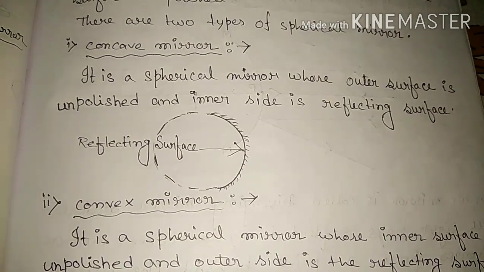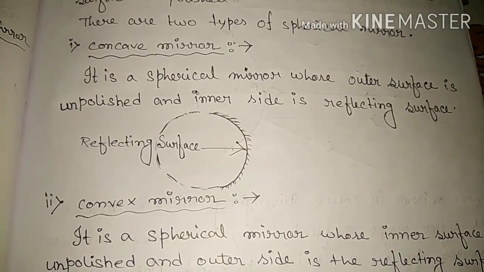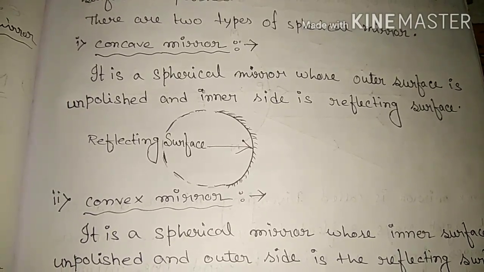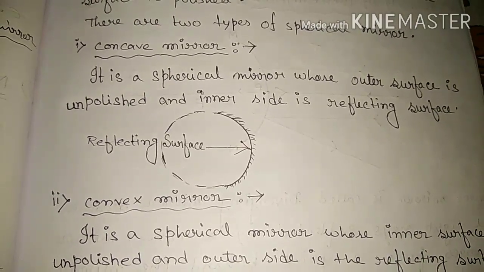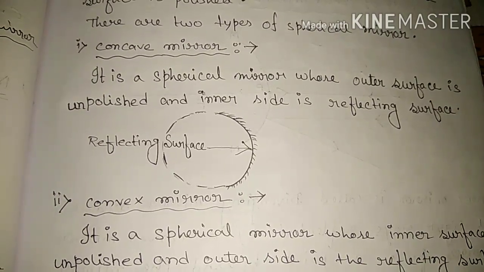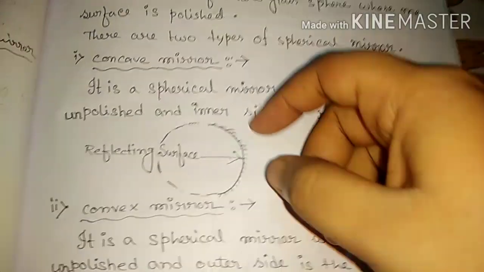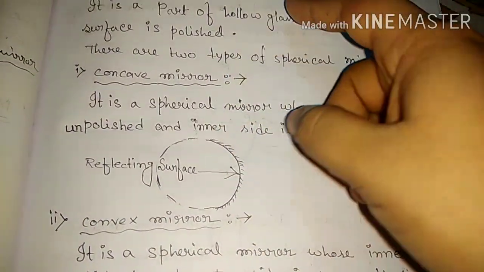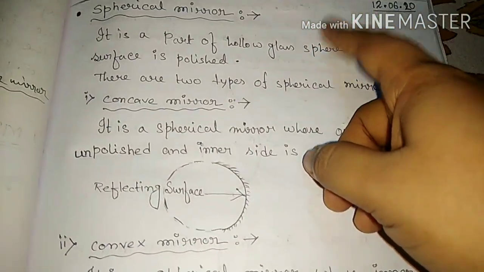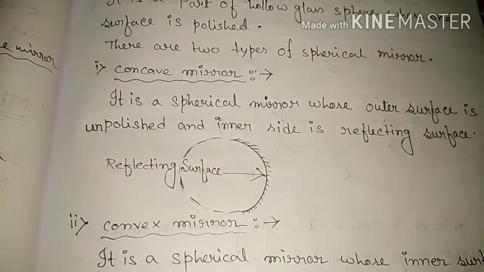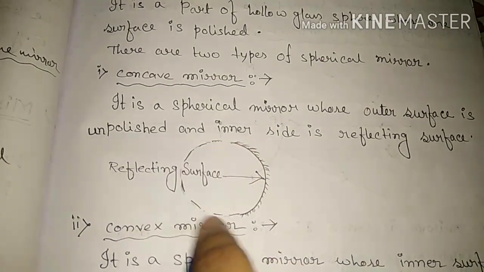A concave mirror is one whose inner surface is the reflecting, polished surface. The outer surface is unpolished. And why do we say that a concave mirror is a type of spherical mirror? Because if we join this with a dotted line, it looks like a sphere.